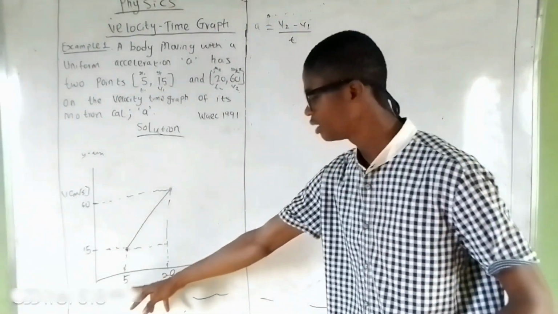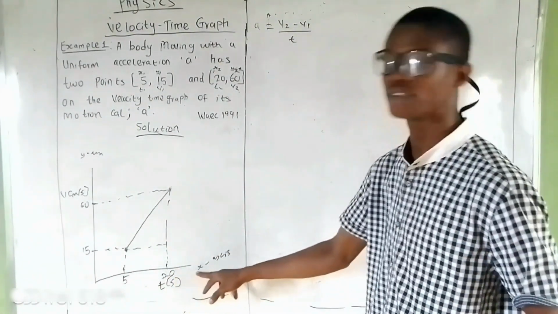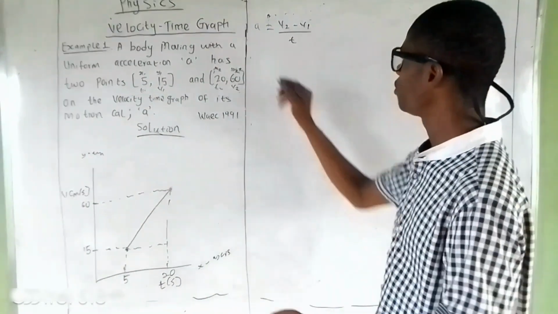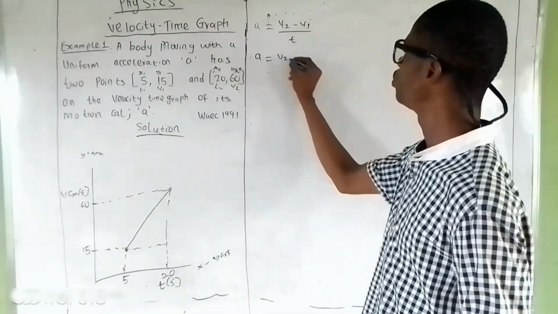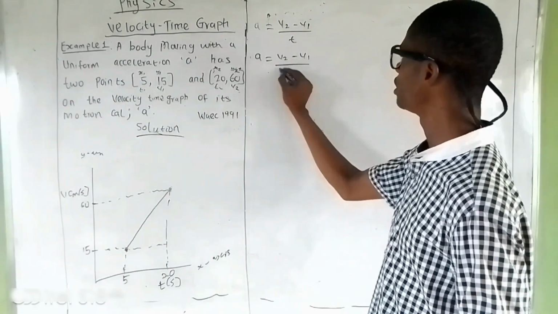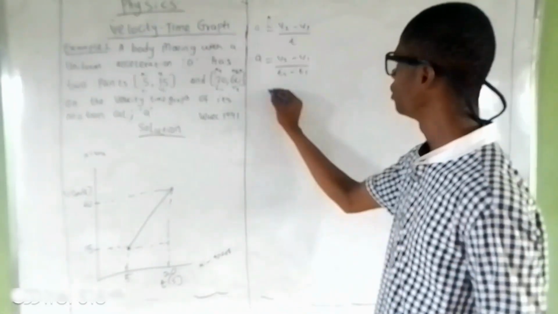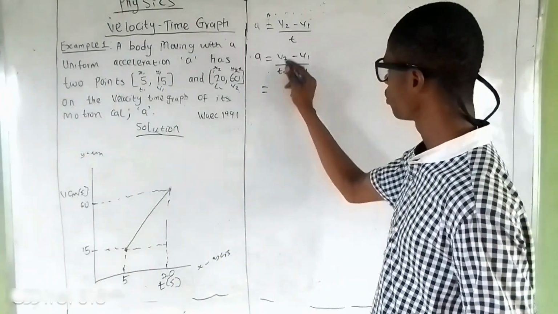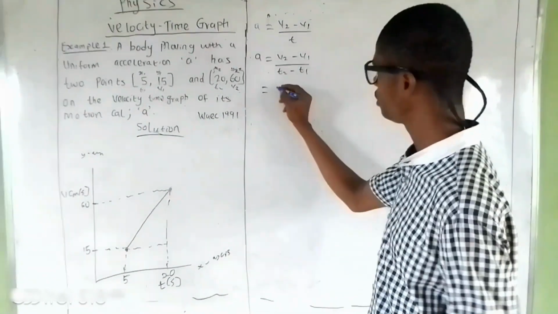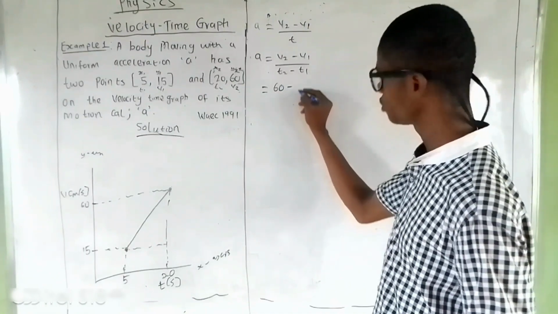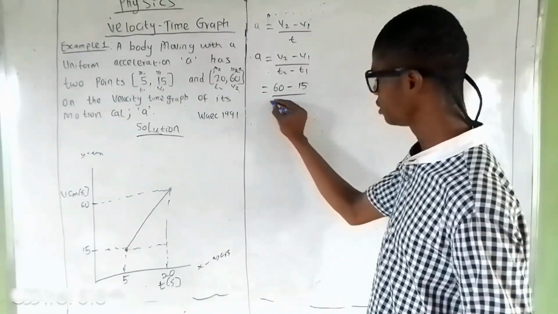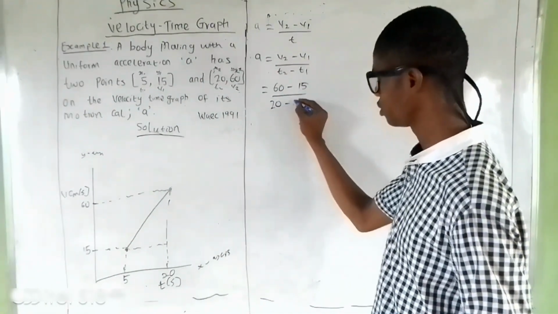But since they give us the first time, and they give us another time, we'll just change the formula to a equals v2 minus v1 all over t2 minus t1, because they're giving us two times. So what is our v2? Our v2 is 60 minus 15, and our t2 minus t1 is 20 minus 5.